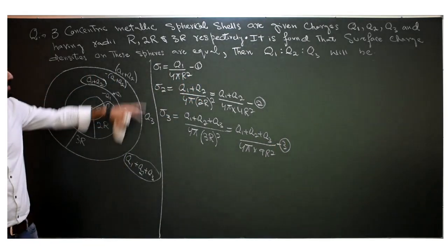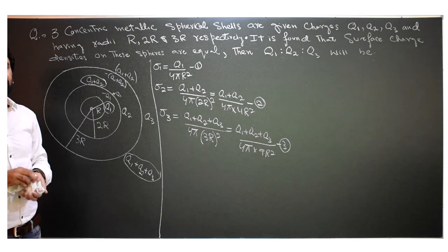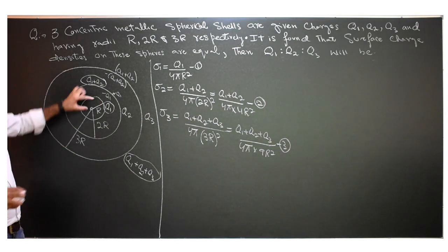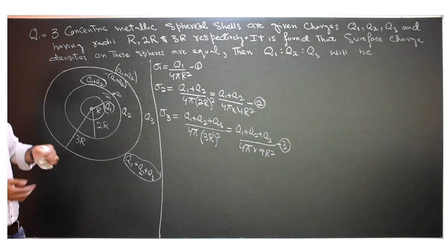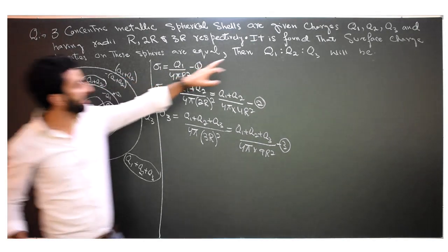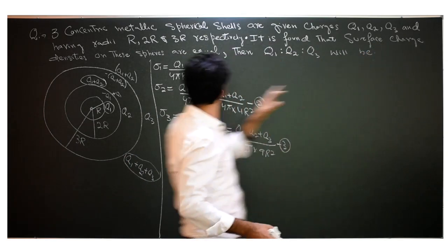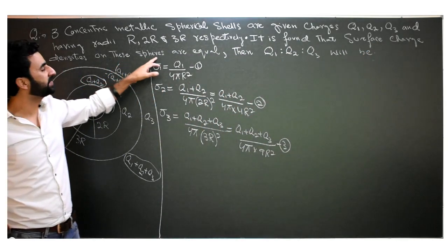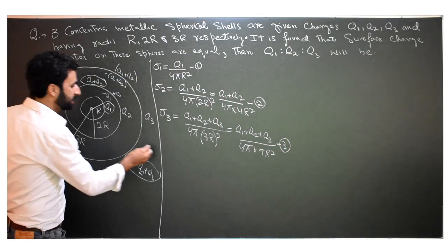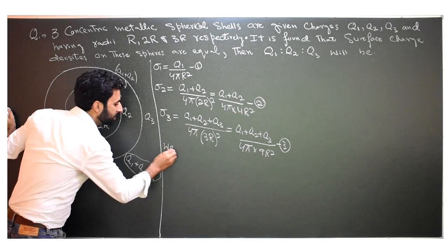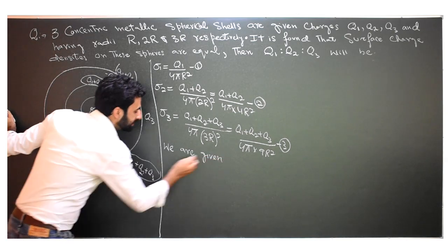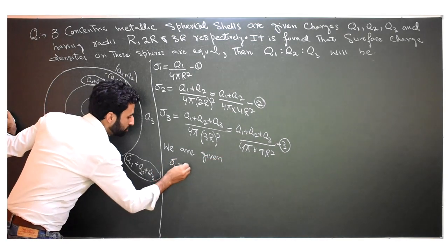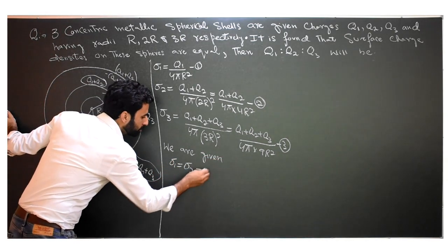So these are the surface charge densities of the 3 spherical shells having radii r, 2r and 3r respectively. But what is the condition given in the question? It is found that the surface charge densities on these spheres are equal. So we are given the condition that sigma 1 is equal to sigma 2 is equal to sigma 3.